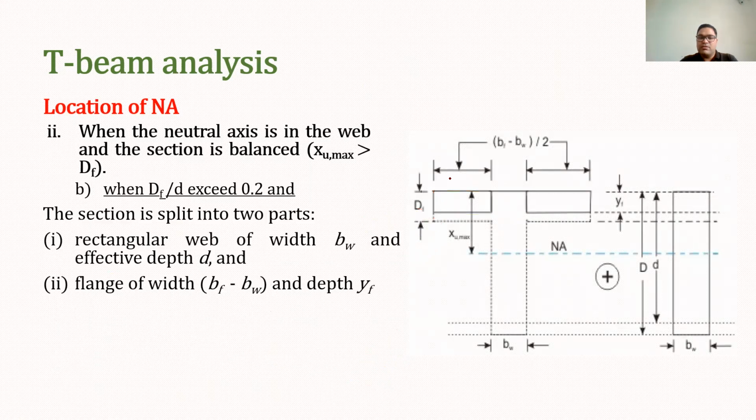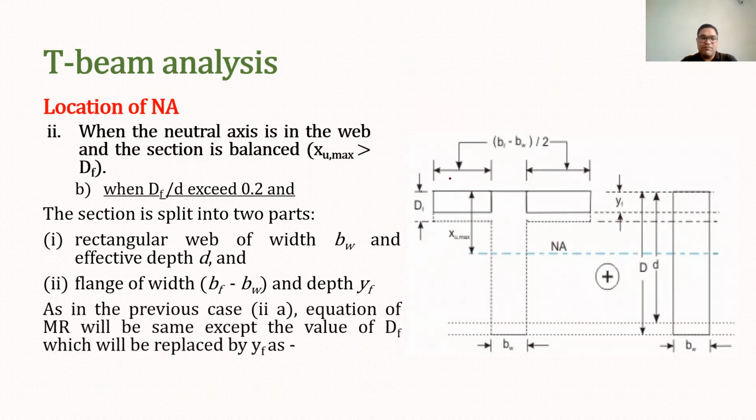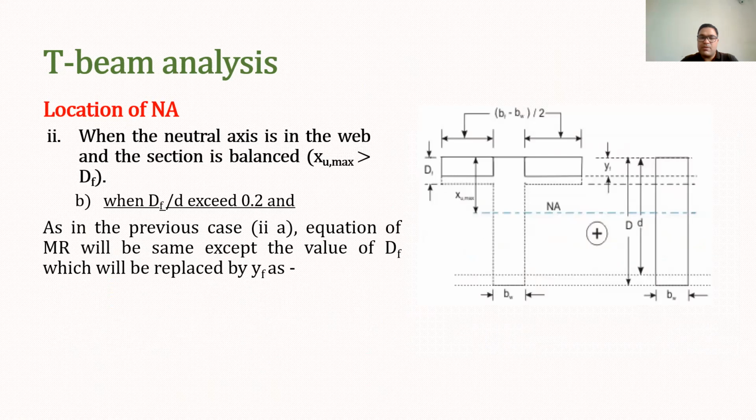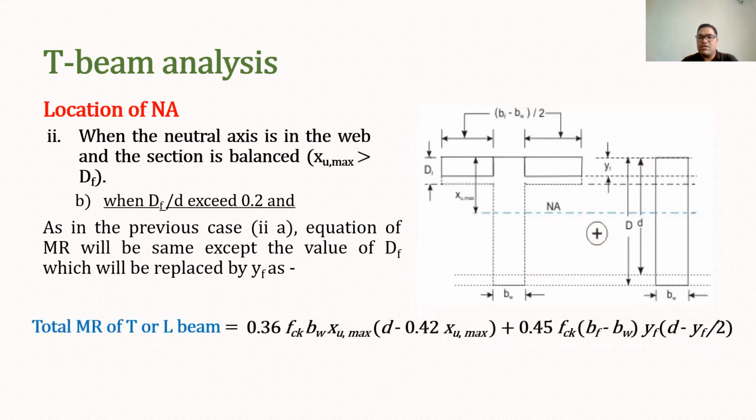And because of that, the formula is modified just because of the value of YF. Although the formula that we used in the previous case, we will be using the same formula by simply replacing the value of DF by YF. So the formula is the same. The only thing that we will be replacing is the value of DF.